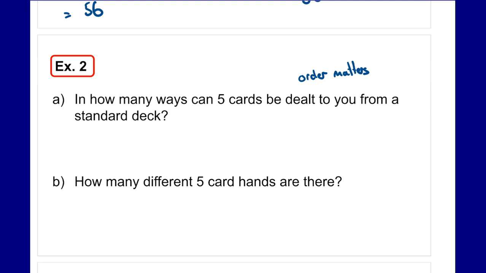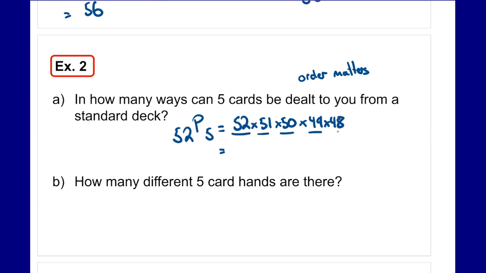So this would be the same as saying I have 52 cards, and I'm arranging 5 of them, or 52 times 51 times 50 times 49 times 48. Order does matter in this case. In total, I would have 311,875,200 ways.